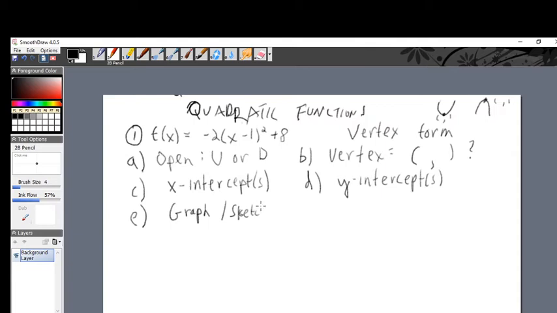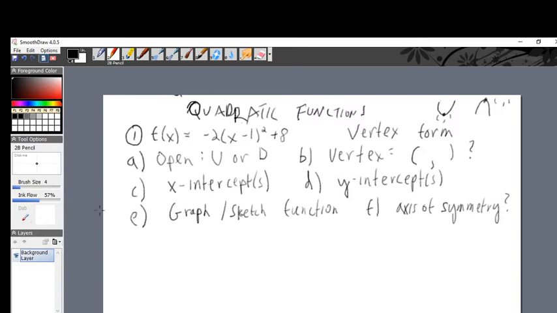So we're going to have some sort of drawing there. That's E. Here comes F. Determine the axis of symmetry. That sounds a little mysterious, but as soon as we draw it, you'll be able to see it. It's going to be no big deal. Axis of symmetry.